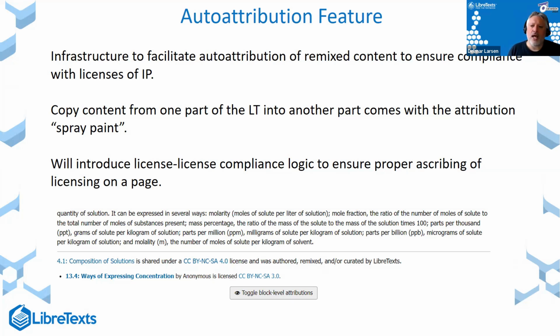In other words, every paragraph, every block that we have is essentially spray painted with a code that tells you where it comes from, that allows you to copy that page, I'm afraid that block, from one page to another page. And when you do so, it will then keep the attributions and the licensing requirement for that block. So this is an example of the bottom of a page that shows you that content came from a different source.